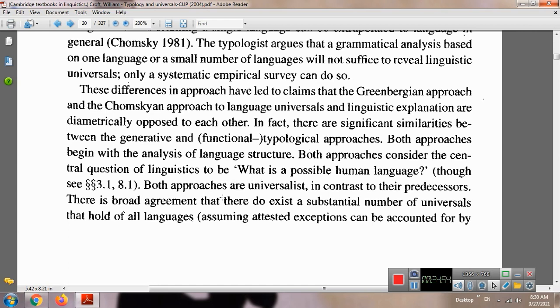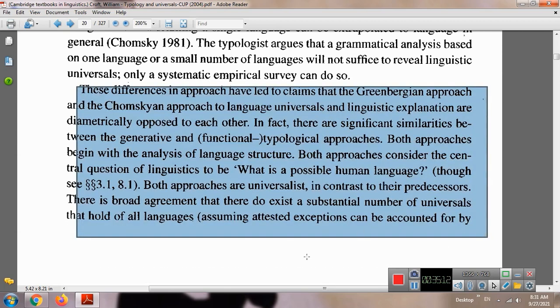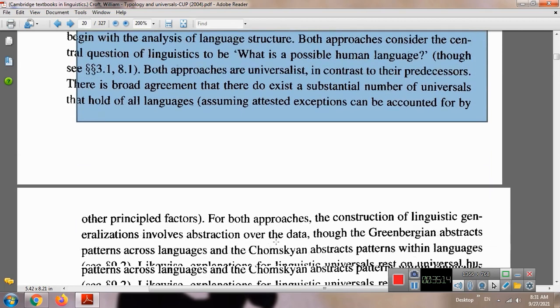Both approaches are universalist. In contrast to their predecessors, there is a broad agreement that there do exist a substantial number of universals that hold of all languages. Here we have the shared feature between these two types of universal.